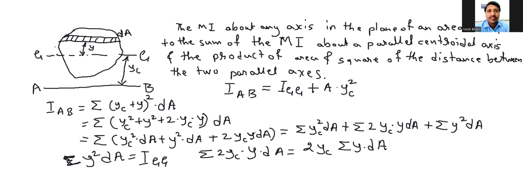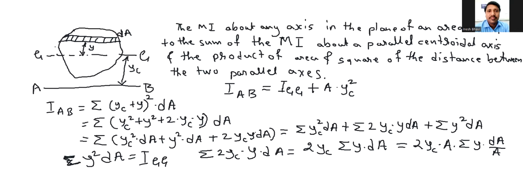Now let us multiply and divide by A. Then it will become 2 times Yc into A into summation of Y into dA divided by A.